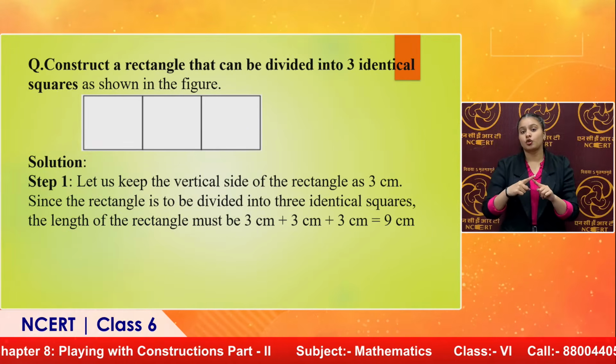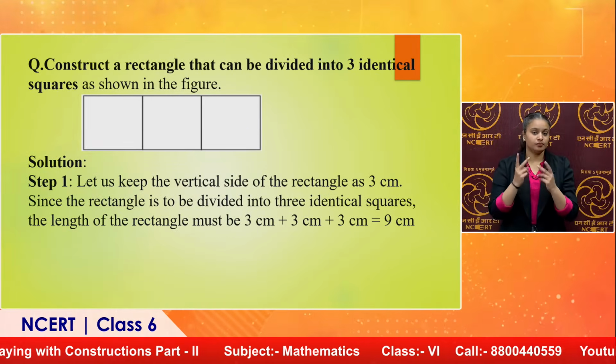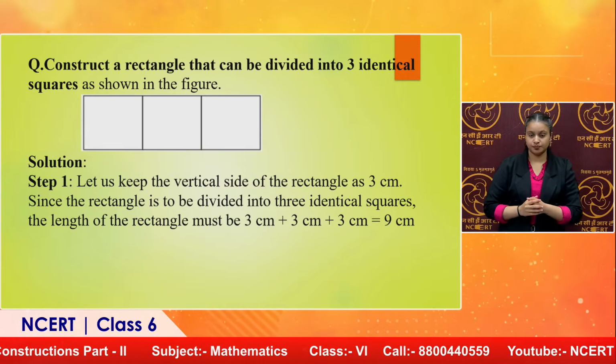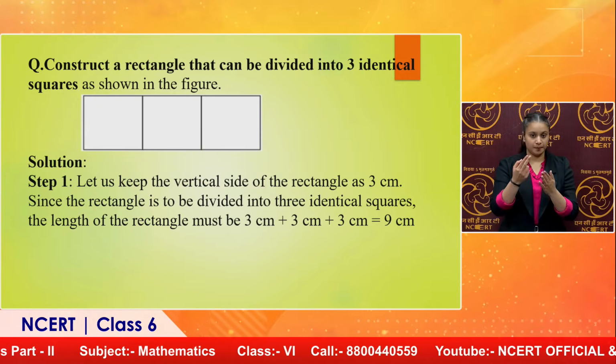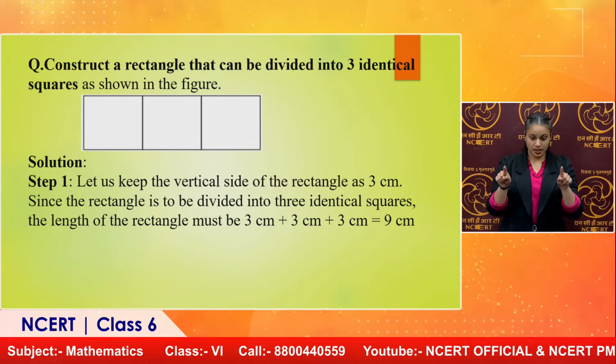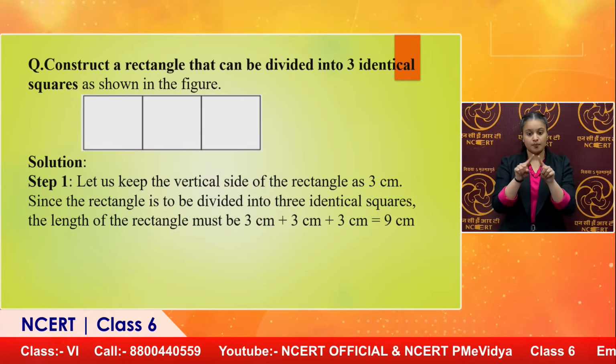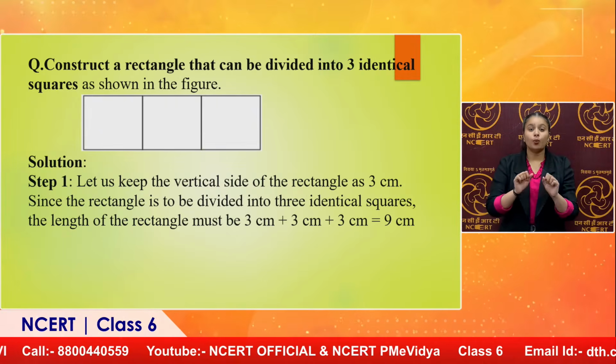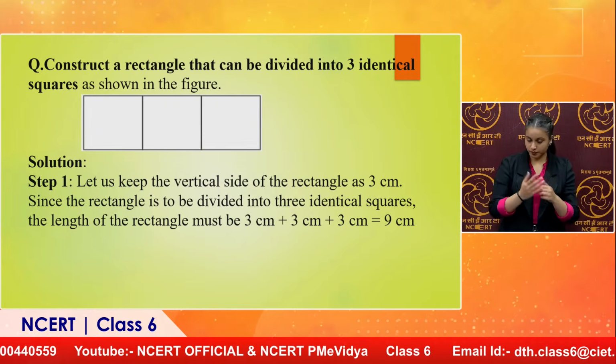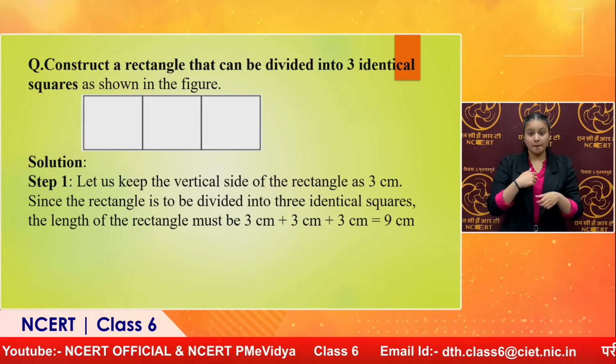Okay. Now look at this figure on the screen. You can see: construct a rectangle that can be divided into 3 identical squares as shown in the figure. You can find this figure in your Ganit Prakash, children. We have a rectangle and we are supposed to draw 3 squares.